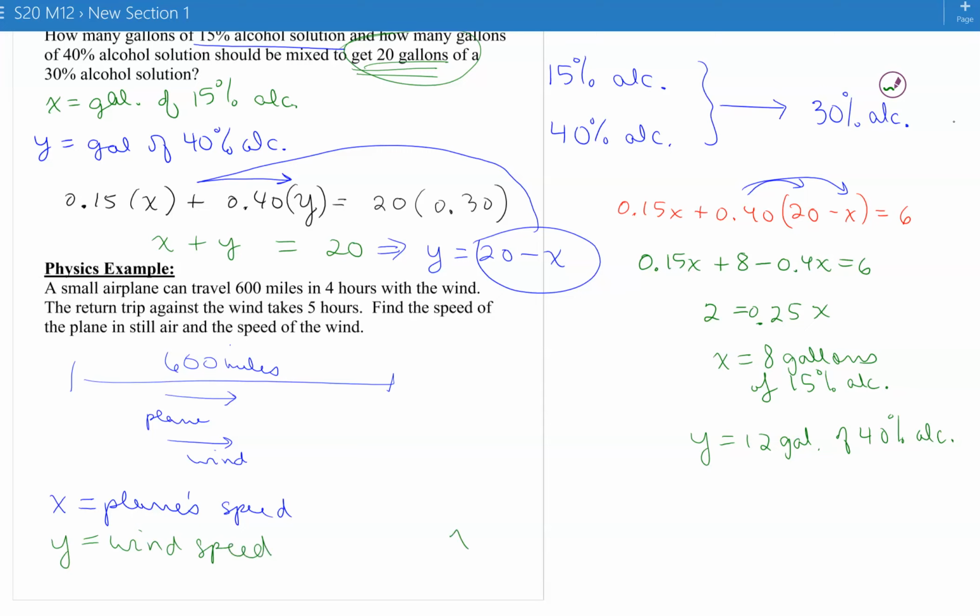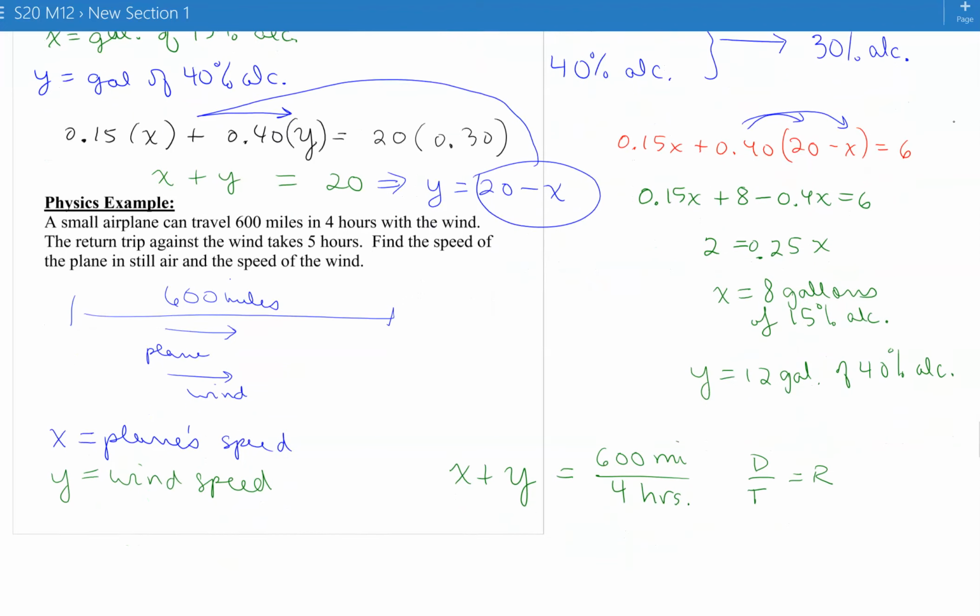when you're going this direction, it seems like your speed is x plus y. So that's speed. So that has to equal speed, 600 miles in 4 hours. So distance over time, that's speed, right? That's rate.